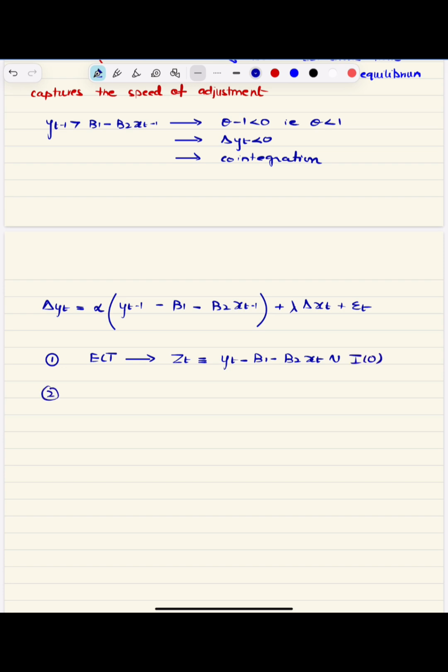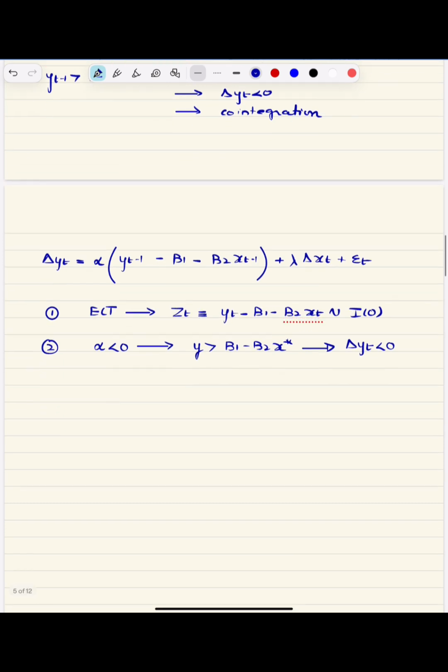And the second thing is that the coefficient of this error correction term, which over here is alpha, should be less than 0. So if it is less than 0, then whenever output goes above the long run equilibrium, then the economy adjusts itself back to the long run equilibrium.